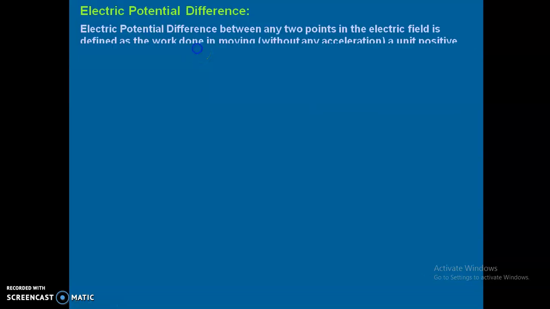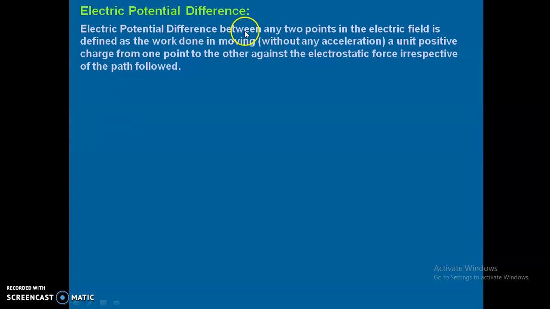So let's start. Electric potential difference between any two points in the electric field is defined as the work done in moving, remember, without acceleration. Here also movement of the charge should be uniform. There should be no acceleration in moving a unit positive charge from one point to another.